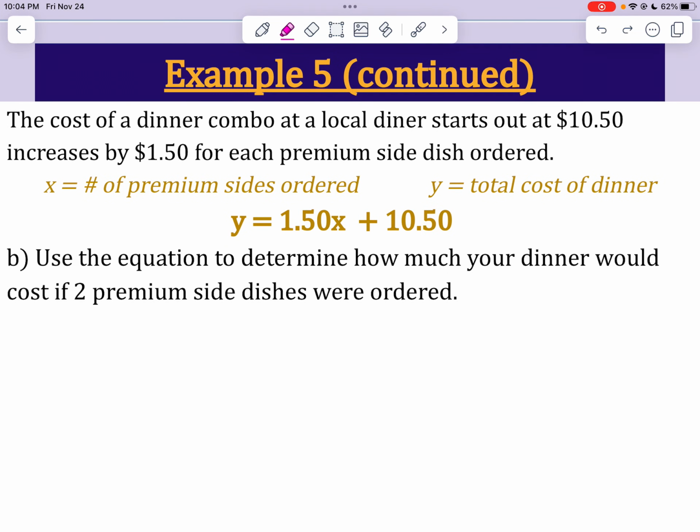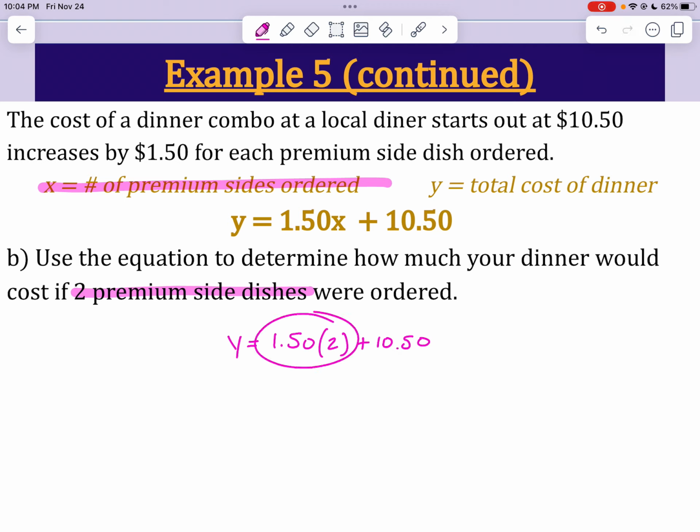Now we need to use that equation. So use the equation to determine how much your dinner would cost if 2 premium side dishes were ordered. They're telling us the number of side dishes, which is x. So we're going to replace x with that amount. So y equals $1.50 times 2, that's the number of sides, plus $10.50.